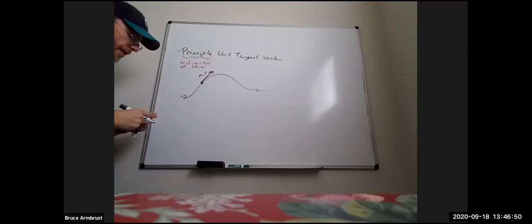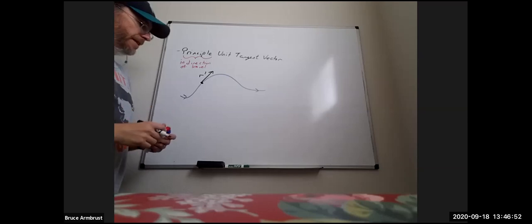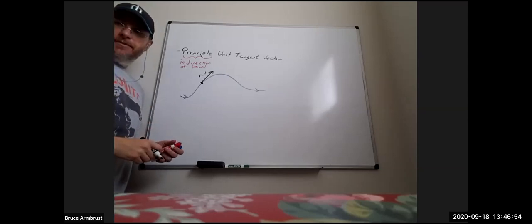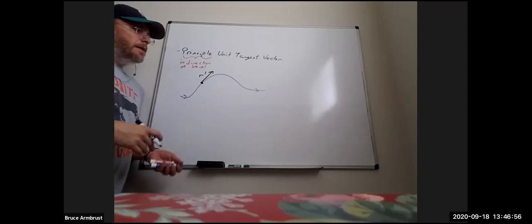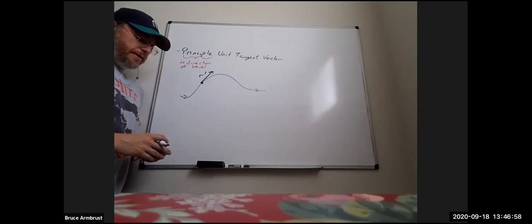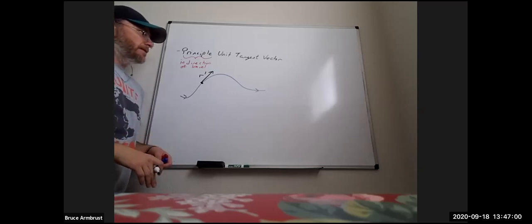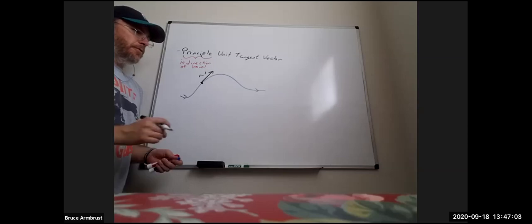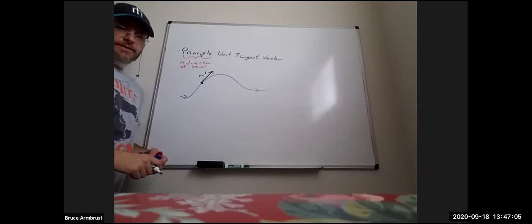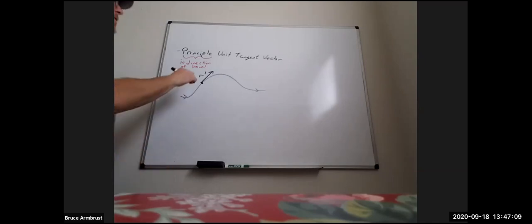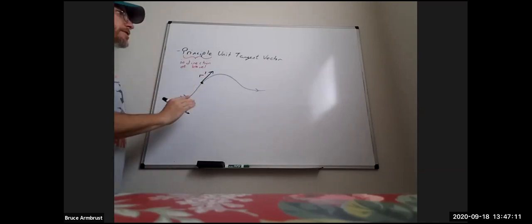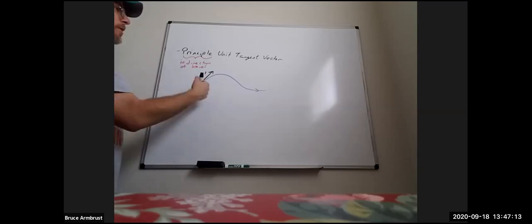If you ask me why this was done, I don't actually have an answer to that, but my guess is because it's really easy to find a vector that points in the direction of travel. You just take a derivative. All right, so that's going to be the chosen direction.